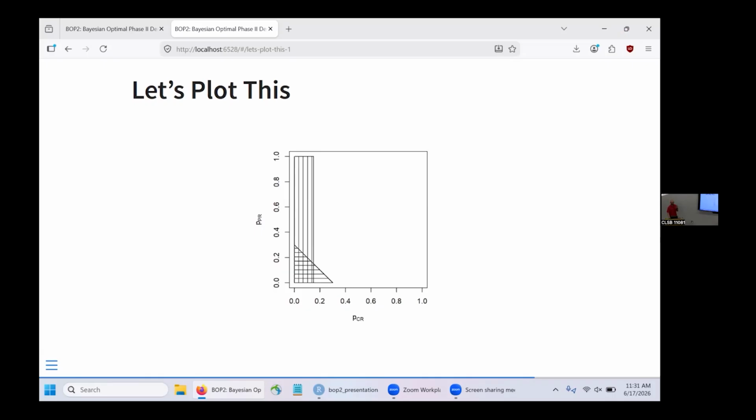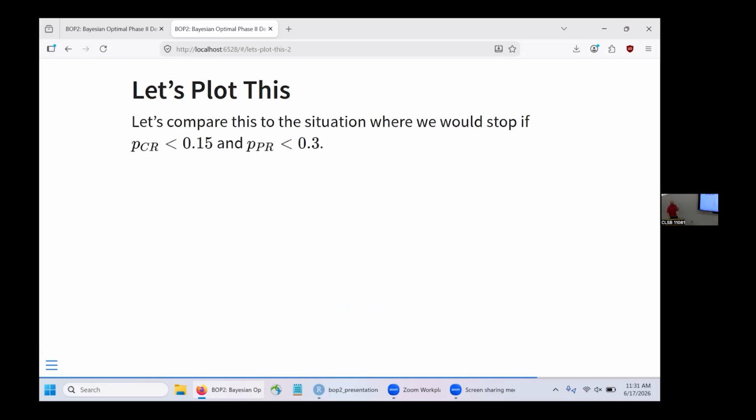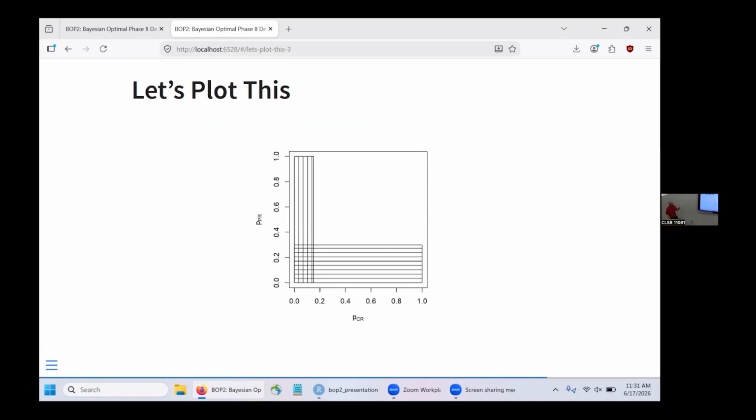I want to show a contrasting image. I want to compare this to the situation where we would stop if the probability of CR were low and the probability of PR were low. That would look like this. The overlapping region would just be this rectangle. So this is not what we're doing. We are doing this: we're stopping if we're in the double shaded region.